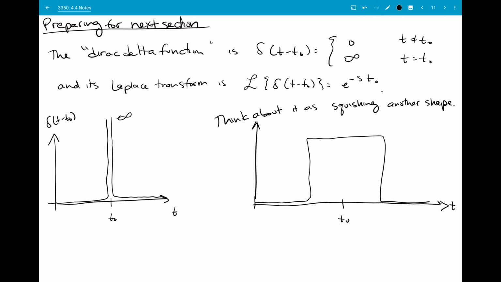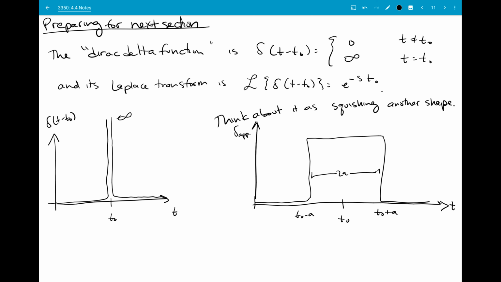Here's something that looks kind of like delta, so we'll call it delta approximate. Let's say it has width 2a.